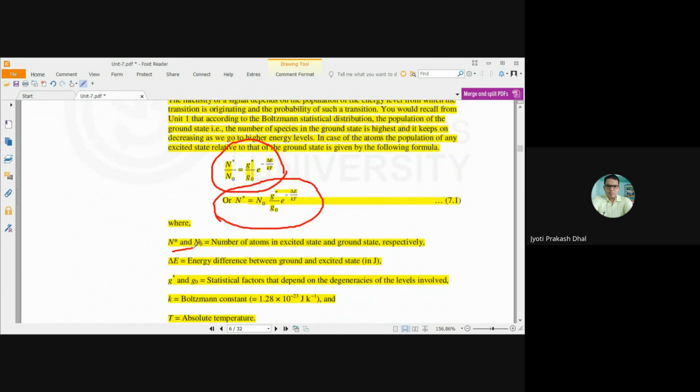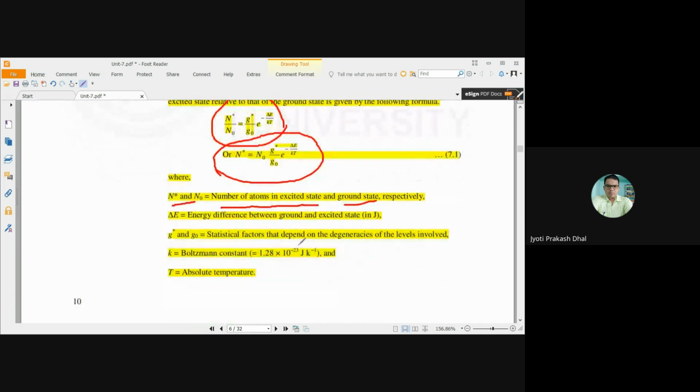Here N star and N naught are the number of atoms present in the excited state and in the ground state. That means N star is the number of atoms present in the excited state and N naught is the number of atoms present in the ground state. And delta E is the energy difference between the ground and the excited state, calculated in the unit of joule.